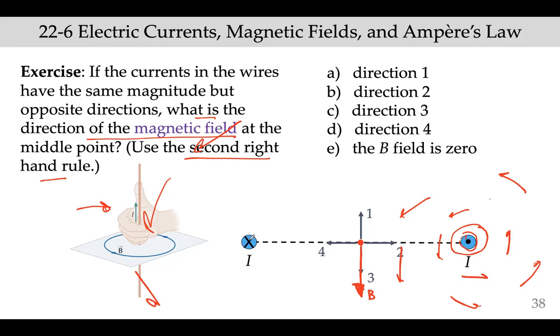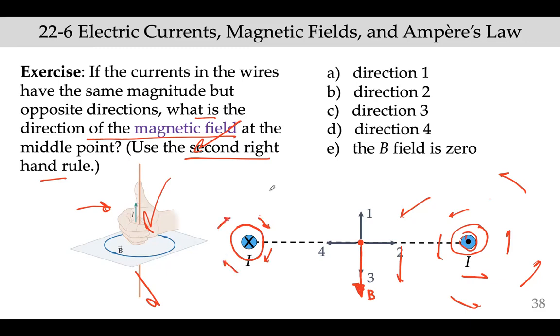So what about this one? Now, again, imagine holding this wire in your palm in a way that your thumb now is in the direction of into the page. So in this case, you will find the magnetic field lines created by this wire.